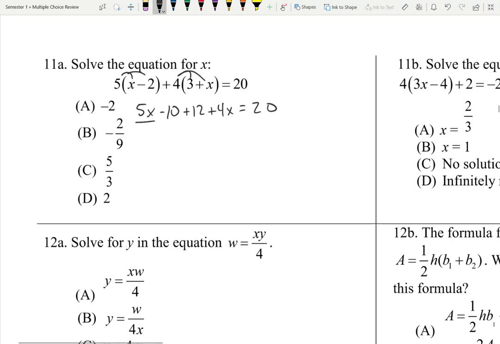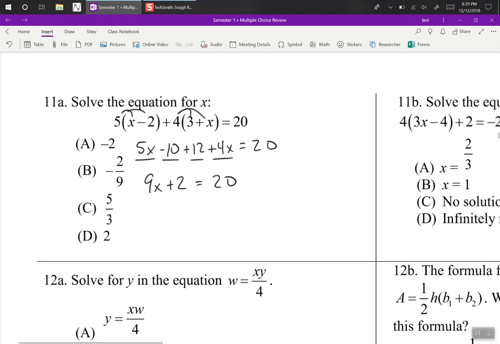So we'd say 5x and 4x makes 9x, -10 and 12 make 2, and that makes 20. So we'll subtract 2. 20 minus 2 makes 18. 9x equals 18. Divide by 9, and x equals 2.